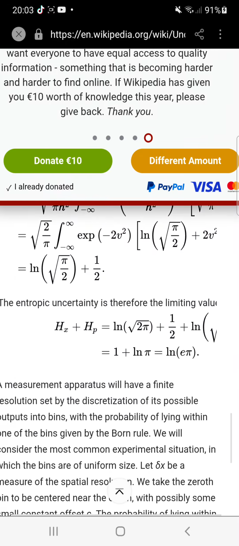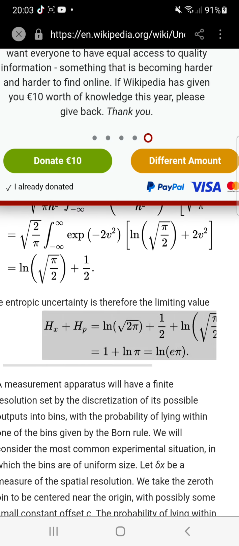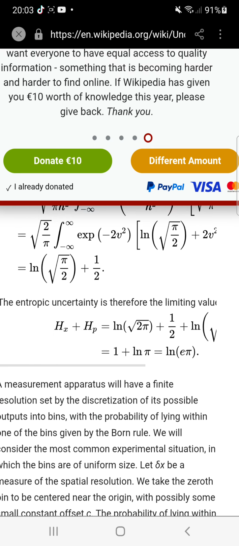The entropic uncertainty is therefore at the limiting value: Hx plus Hp equals natural logarithm root 2π plus half plus natural logarithm root π/2 plus half, equals 1 plus natural logarithm π, equals natural logarithm eπ.